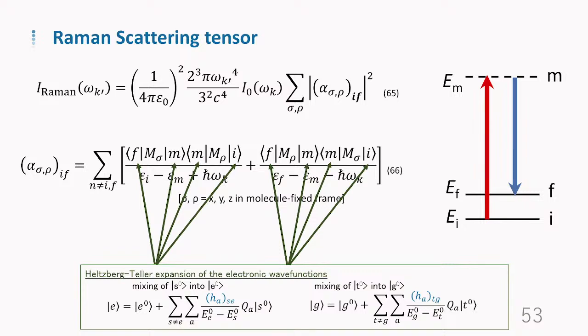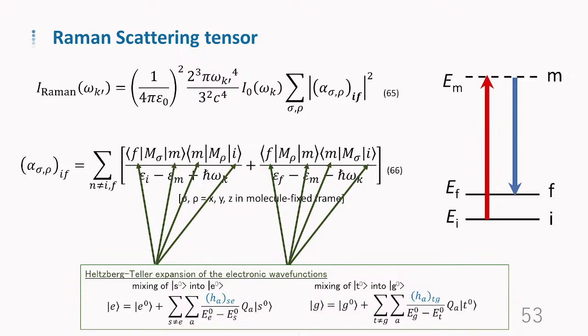Then here is the Raman tensor I explained previously. And the transition moments, in this case intermediate m, previously it was n. I n m, I m f, there are 2 steps, okay?